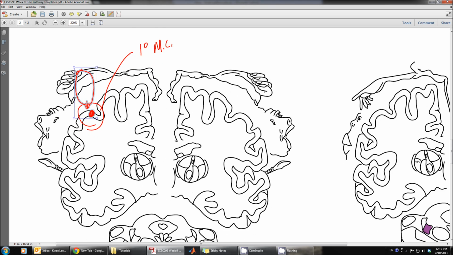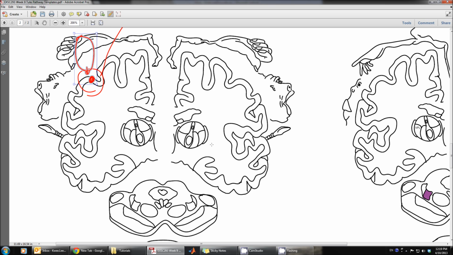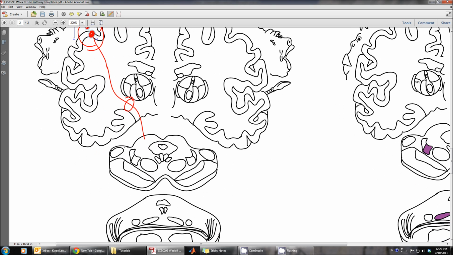And we have to link that neuron to the lower motor neuron, which is in the spinal cord. All axons go through the white matter in the CNS. So let's link the axon. It goes to the white matter, it doesn't synapse, so it has to go through the white matter, and this particular area where it passes through is called the internal capsule.